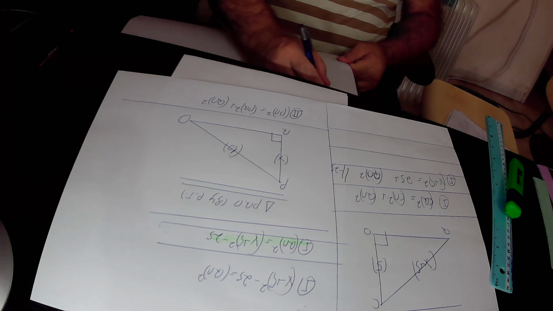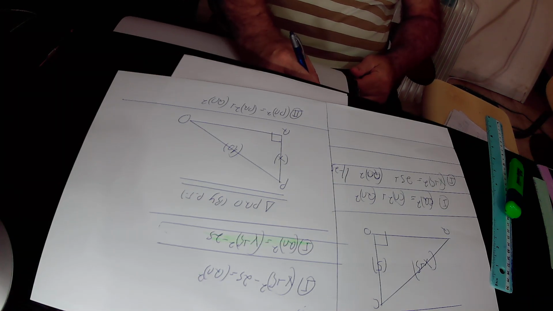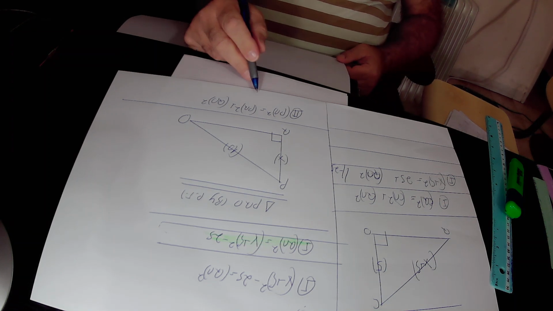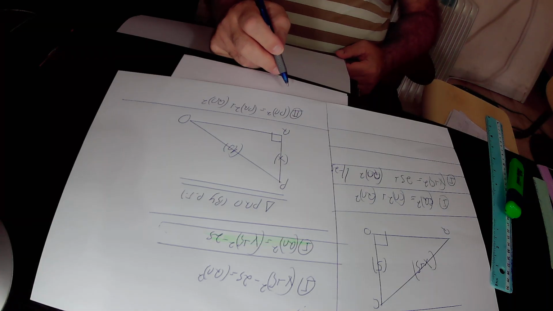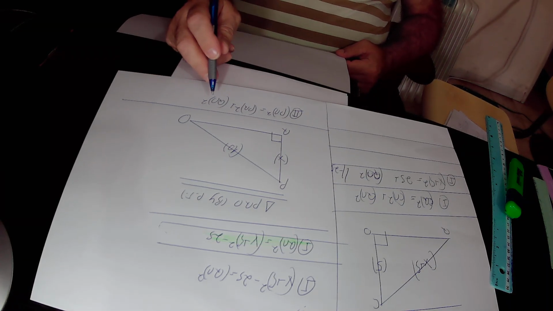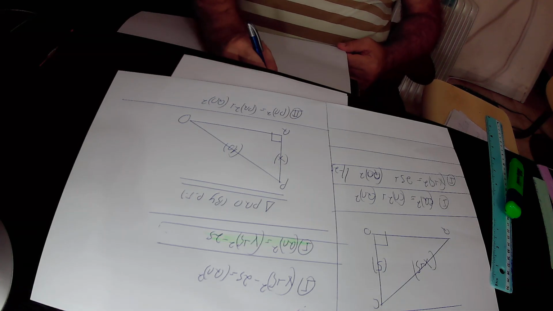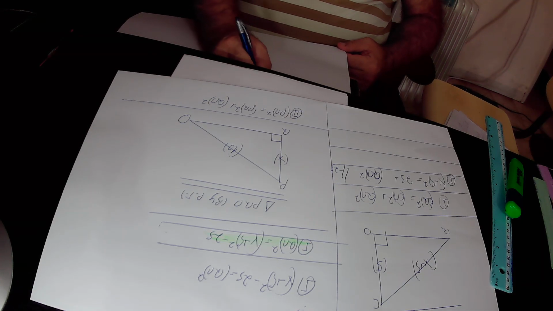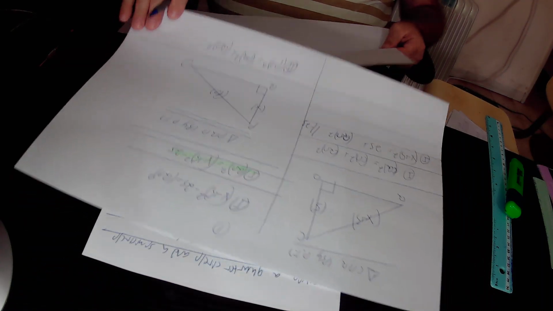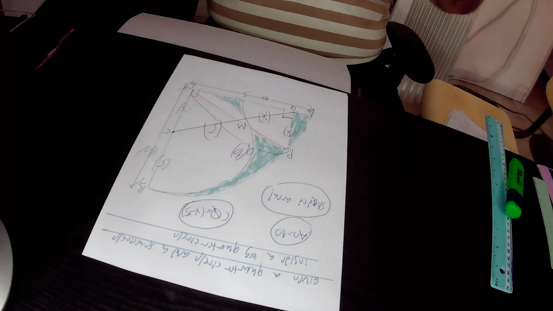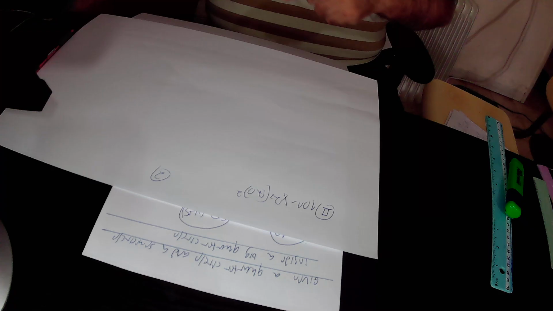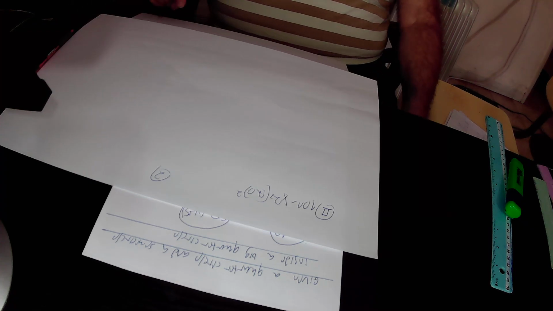PO is 10, therefore PO squared is 10 squared, that is 100. And it equals PQ squared. PQ is x, therefore PQ squared is x squared, plus QO squared. QO is the missing side, so we leave it as it is. So in total, according to equation 2, we actually found out that 100 equals x squared plus QO squared.